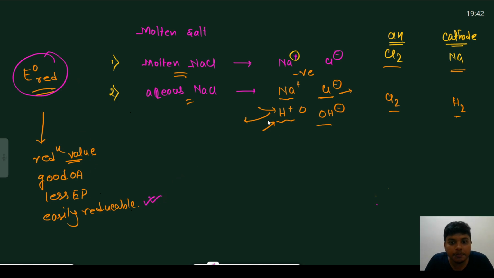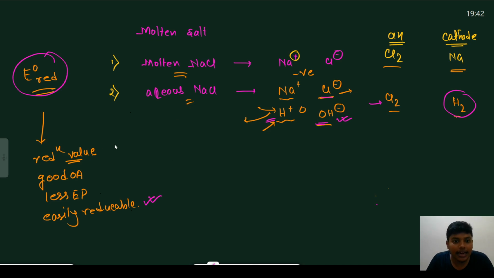Here H plus has more reduction value, so it goes to the cathode and produces hydrogen gas instead of sodium. Between chlorine and OH minus, chlorine will get easily oxidized, so it goes to the anode. Clear? Understood?